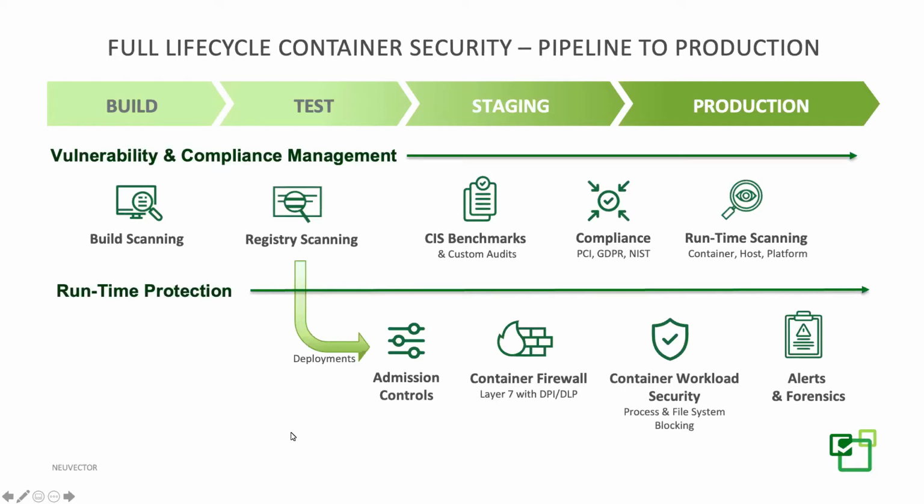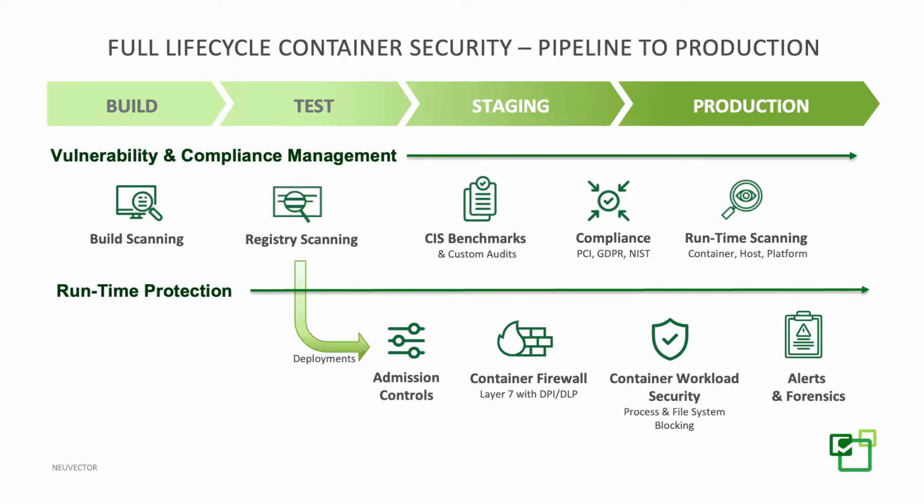Well, the first aspect of that you should consider is the link between vulnerability scanning and the runtime environment. And that's what's called admission controls. That's where you can define a bunch of rules that prevent unauthorized or vulnerable images from being deployed into production.